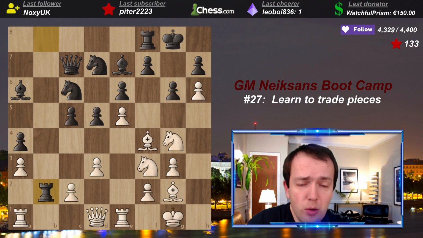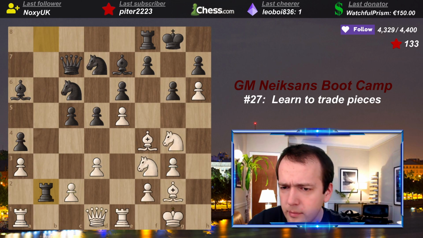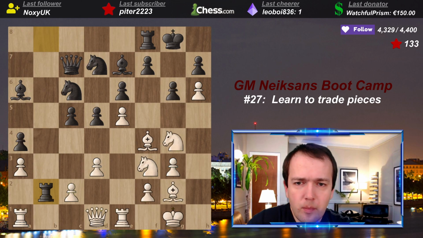So, in order to accelerate the attack, do you see which is one of the critical pieces which holds together black's position? There's one piece which holds together black's position.